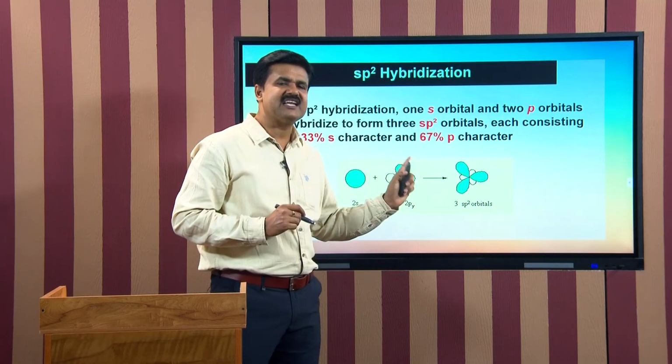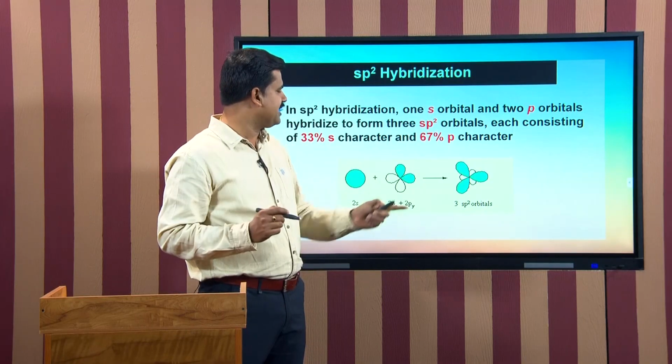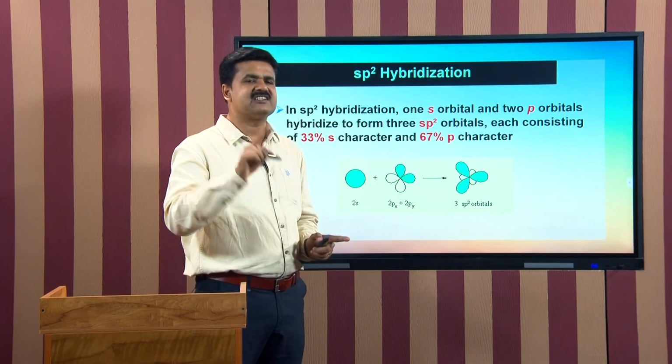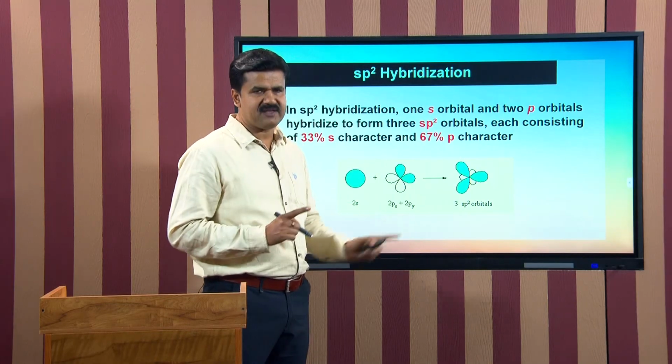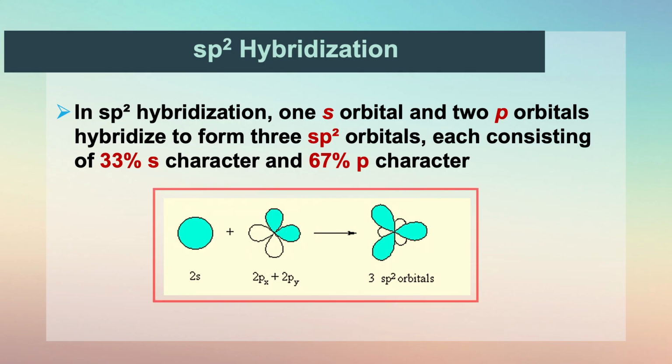This is the pictorial illustration of sp2 hybridization. One s orbital combines with the two p orbitals. Let the two p orbitals be px and py. So 2s combines with 2px and 2py to produce three sp2 hybrid orbitals. These three sp2 hybrid orbitals are aligned towards the three corners of a regular triangle, and hence the resultant molecule will be trigonal planar.